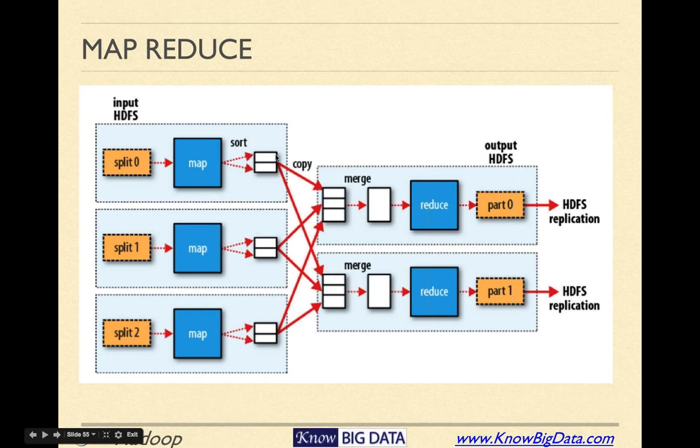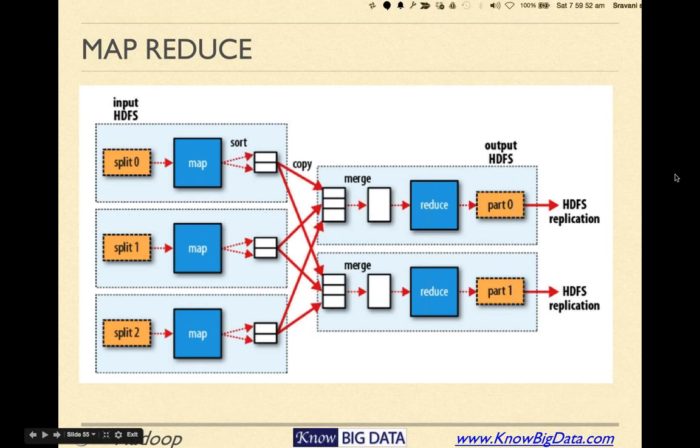Some of the keys would go into 1 bucket, other keys would go into the second bucket, and then while merging, the reducer node will have these 3 slots, one dedicated for each map. So first, second, first, second, first, second. The first one will go to the first reducer, this will go to the first reducer, this will go to the first reducer, and the second will go to the second reducer.